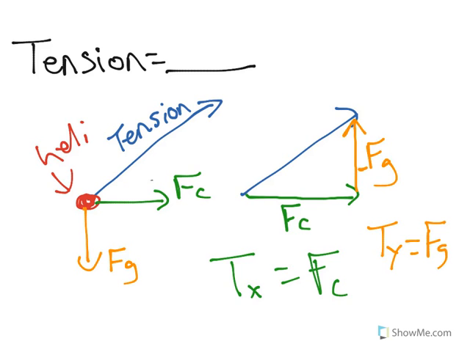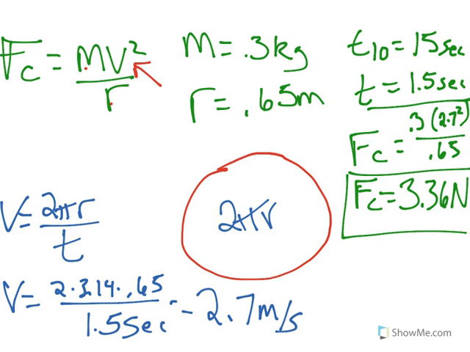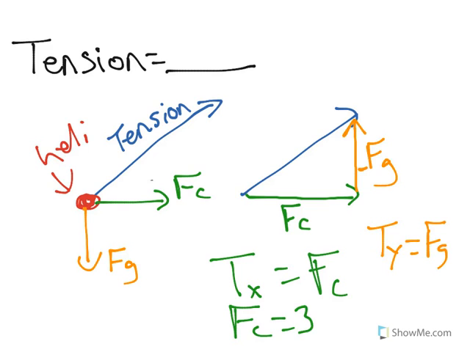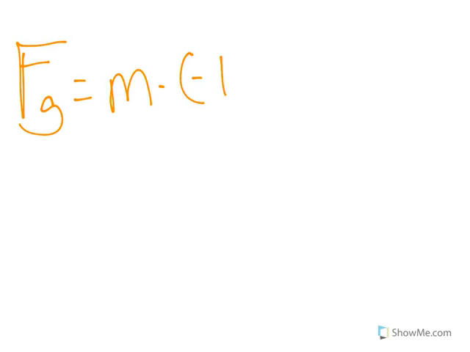So let's go back to the first page. The centripetal force is equal to 3.36, so that means that's my tension in the x. Now I need to figure out the force of gravity. This should be a little easier. The force of gravity is just equal to mass times negative 10.